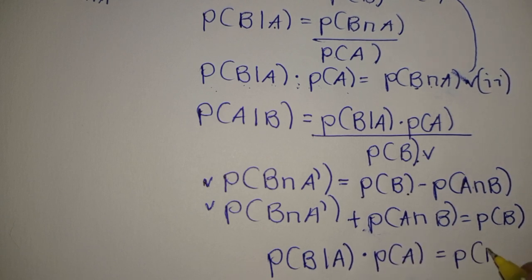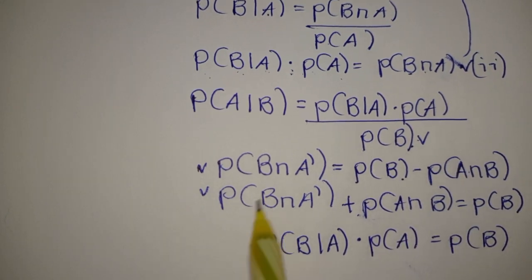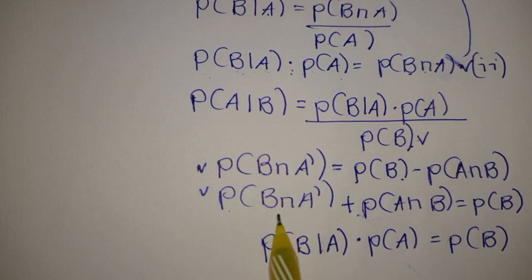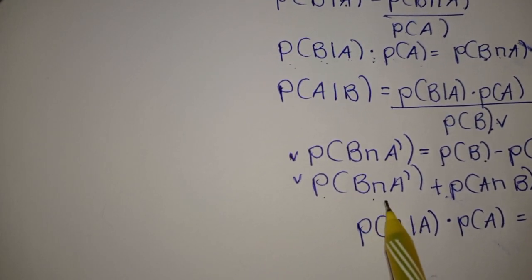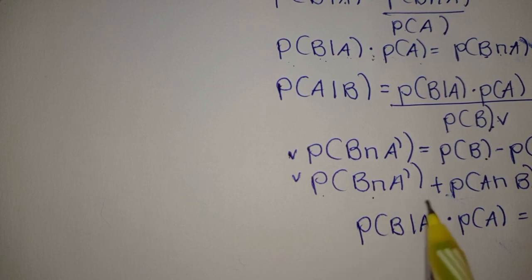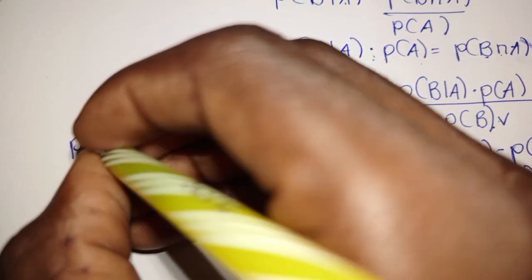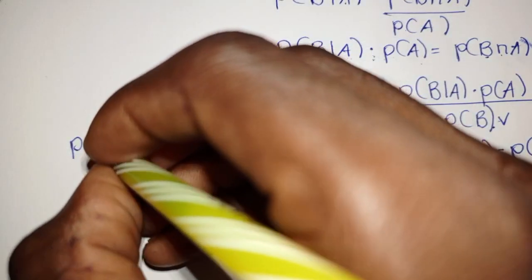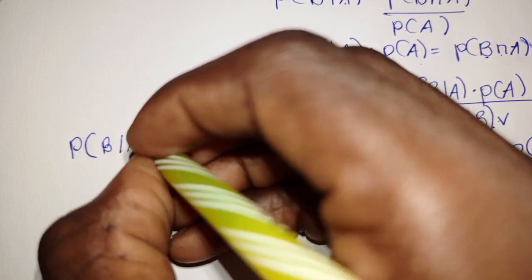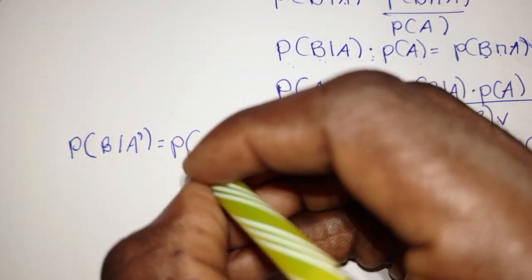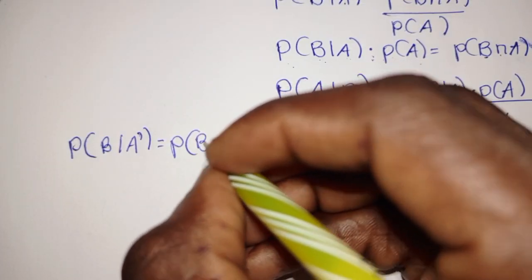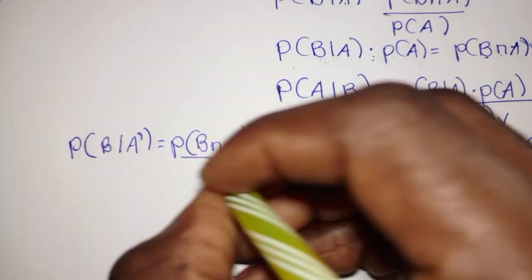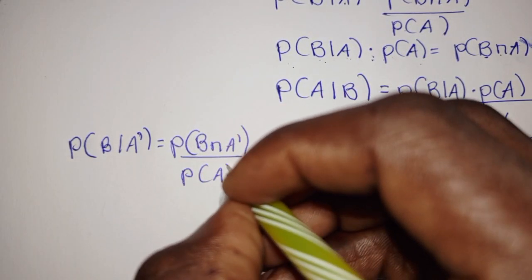Remember, we are now remaining with interpreting the other part. So how do you interpret the probability of B intersection A complement? We know for sure that, under conditional probability, the probability of B given A complement is equal to the probability of B intersection A complement over the probability of A complement.